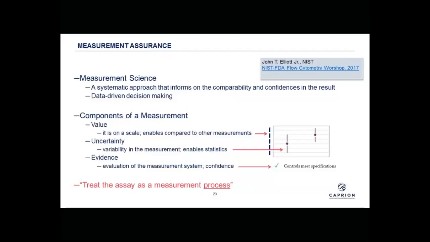Uncertainty is the variability in the measurement, and this lets us know how reliable that measurement is. And the variability of the measurement we establish during validation. And then there's evidence, evaluation of your measurement system, or how much confidence can you have in that measurement.